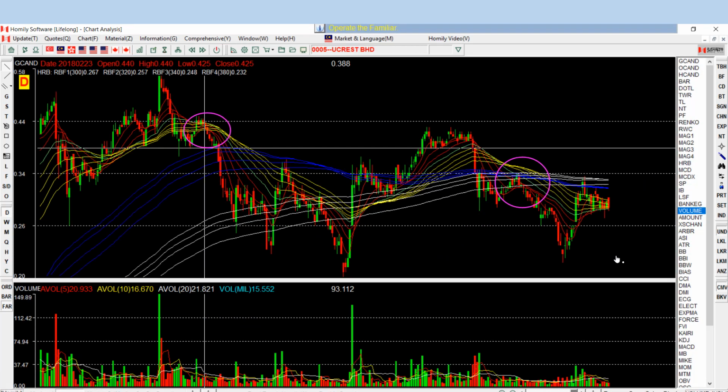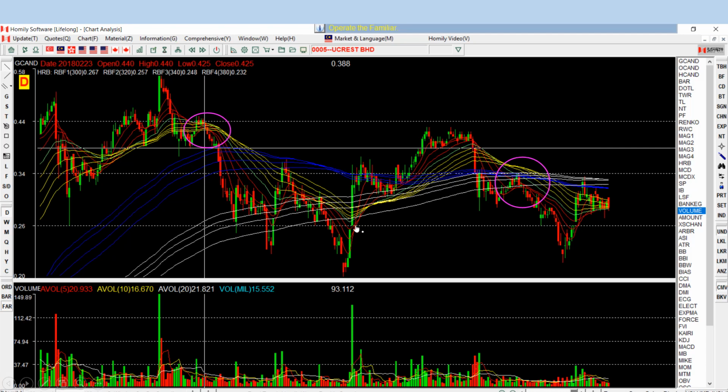But for the downtrend, you will see every homogeneous rainbow line will be the resistance of the price. So you can see here is still the uptrend because the direction of the white line has not yet changed. So it's still upwards. It's still the long-term uptrend, but for the medium term, we can see it is a downtrend.